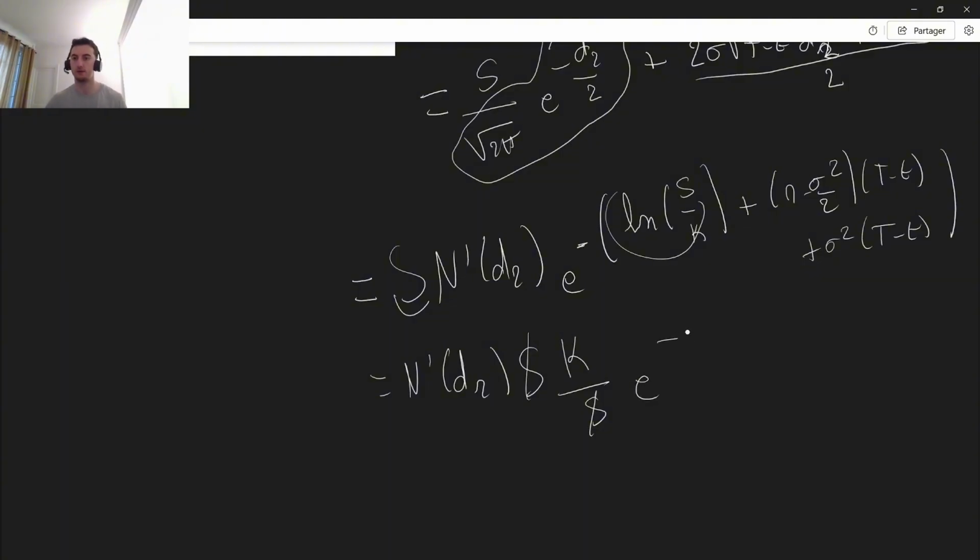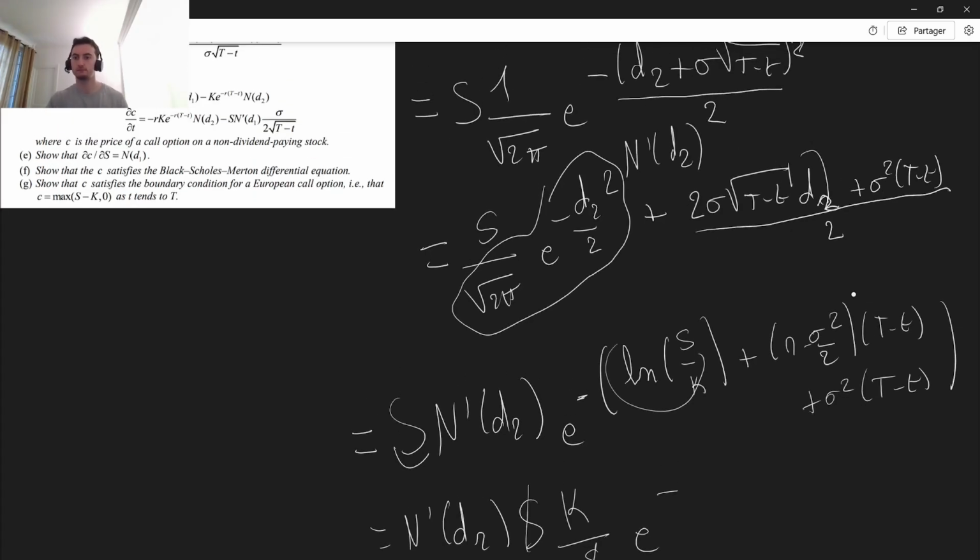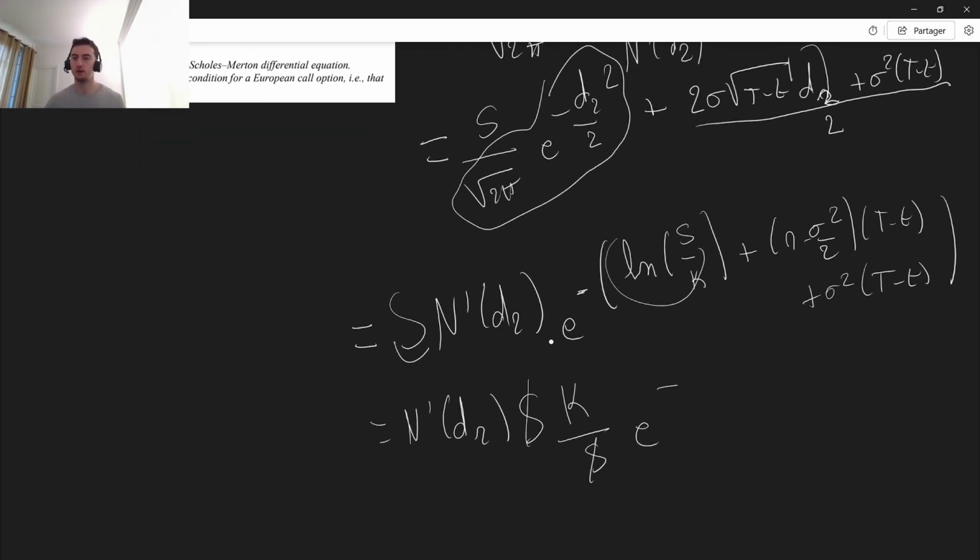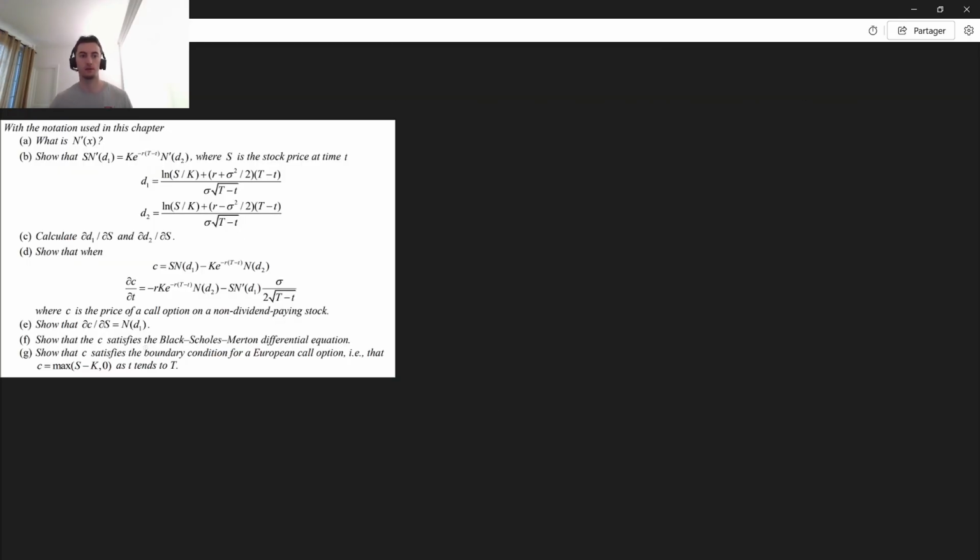And then exponential of, okay, and there should be a 2 here. And so these terms and these terms are canceling each other, and then we get minus r times T minus t. Yep, so this is the equation we wanted to have.